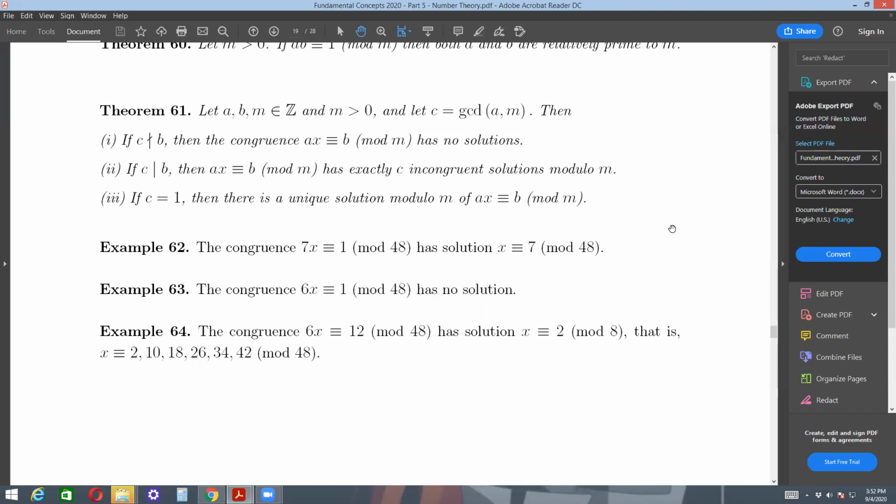Now, both numbers are even, and 2 doesn't divide 7, so I could actually cancel that 2. And I'll get minus x is congruent to 1 mod 7, which is the same as x is congruent to minus 1. And minus 1 is the same as 6 mod 7. So the same answer in the end.